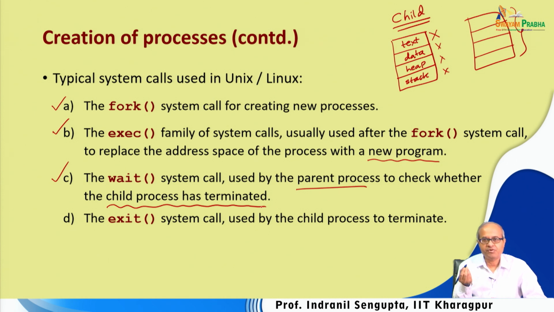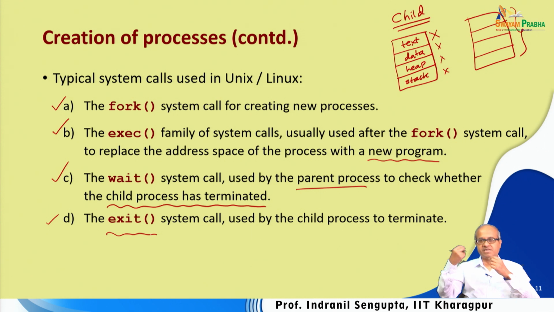And when a child wants to terminate, it can invoke the exit system call, and it also can send a status code back to the parent, so that the parent will know whether there was any error in the process of execution by the child or the termination was normal. Different types of error codes or status codes can be sent back to the parent.